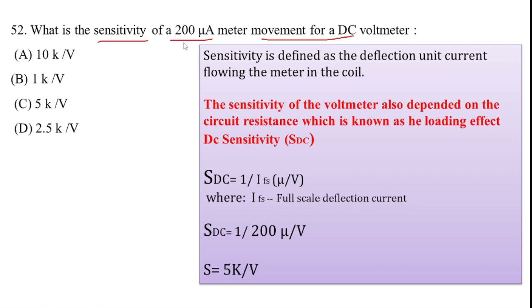Given the deflection current 200 microampere, putting in the value, SDC is equal to 1 upon 200 microampere, which after calculation is 5 kilo ohm per volt. The correct answer is C, 5 kilo ohm per volt. Option C is correct.